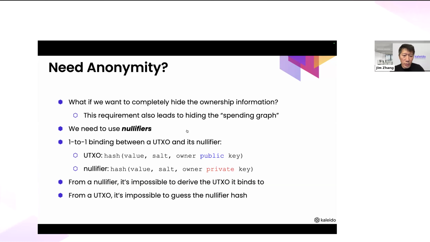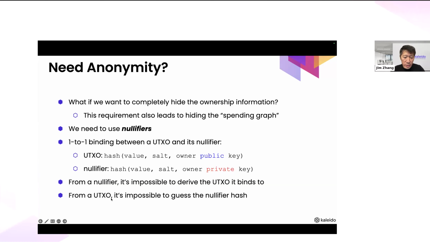And to do that, we introduce this concept of nullifiers. What it is, is a secure hash that is securely bound to the UTXO hash. So it's a one-to-one binding between the two.